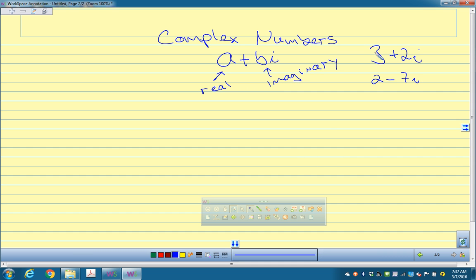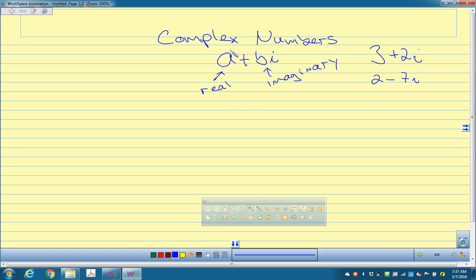If a is 0, then it's called a pure imaginary number. If b is 0, then it's a real number.